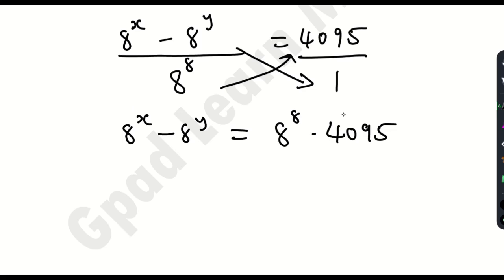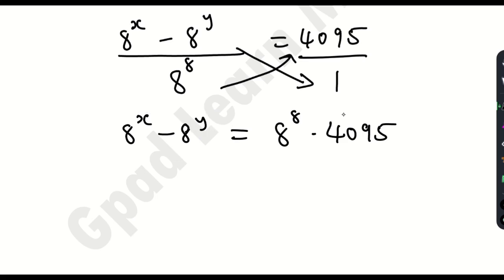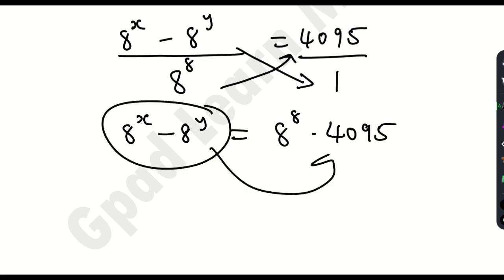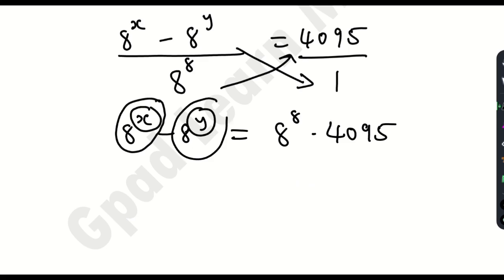Now, it therefore means that x has to be greater than y for this to return a positive number on the right-hand side. Why did I say that? Because they have a common base, 8 here and 8 here. So for this to return a positive number, then the exponent of x here has to be greater than y, because this 8 raised to the power x must be greater than 8 raised to the power y.